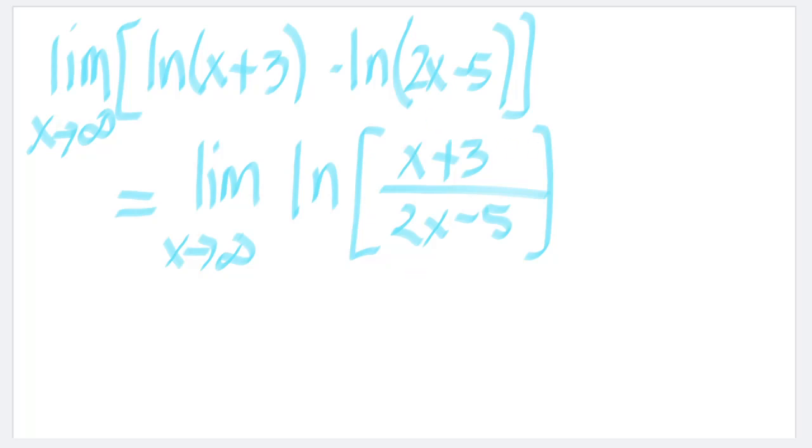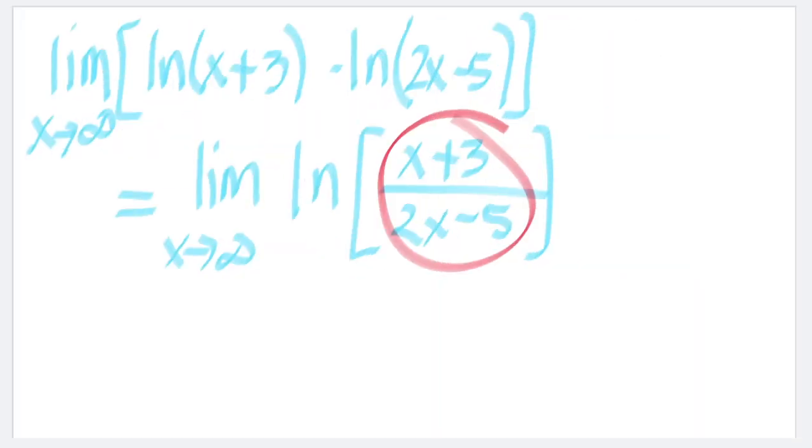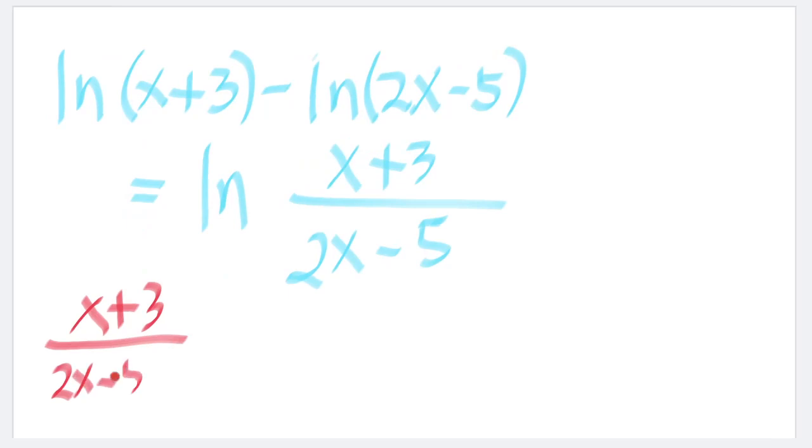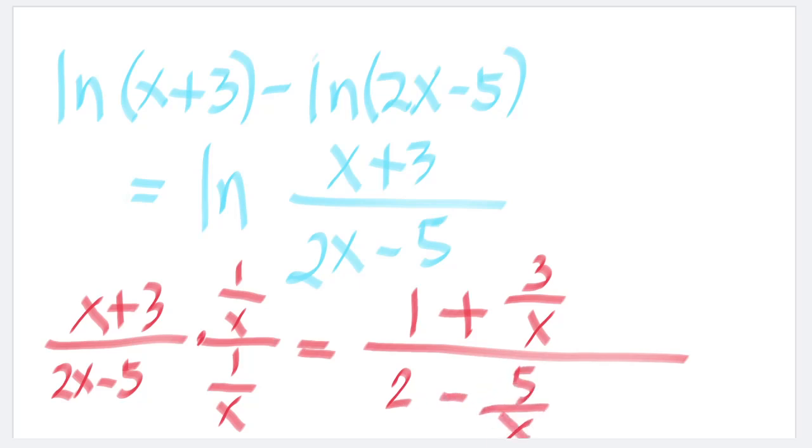I'll just have to focus on this function first. Okay, so x plus 3 over 2x minus 5, you divide both terms by x, or you multiply both terms by 1 over x. This will yield to what? x times 1 over x, that would be 1, plus 3 over x, and 2x times 1 over x, that would be 2, minus 5 over x.